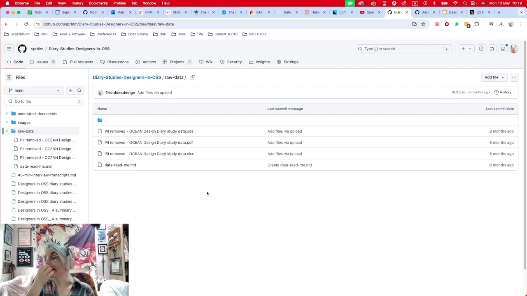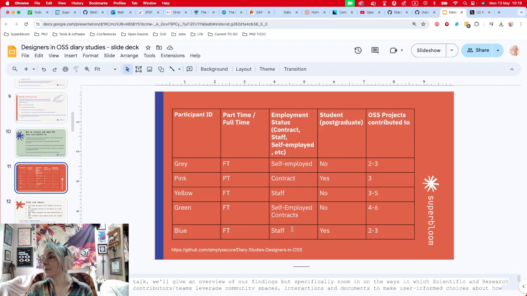So yes, we paid our participants. We could have studied with many more participants, but diary studies take quite a significant amount of time, even when you're trying to limit the amount of questions that you're asking. You're still asking them to do a weekly report back on what they experienced and what they were doing.